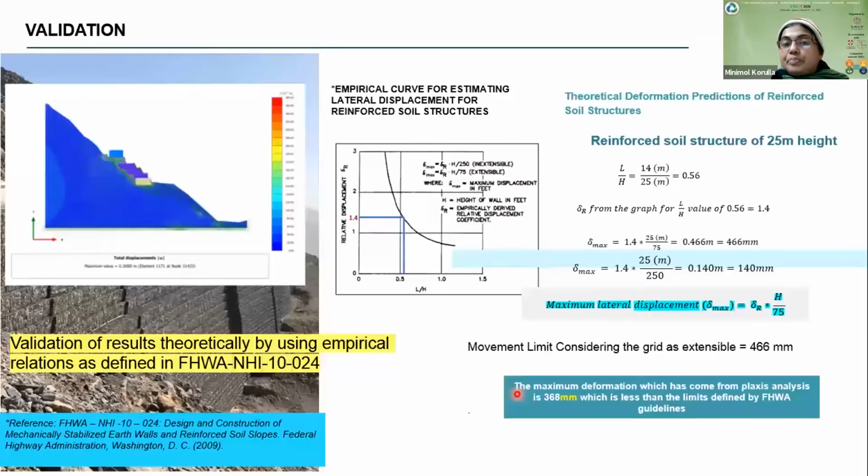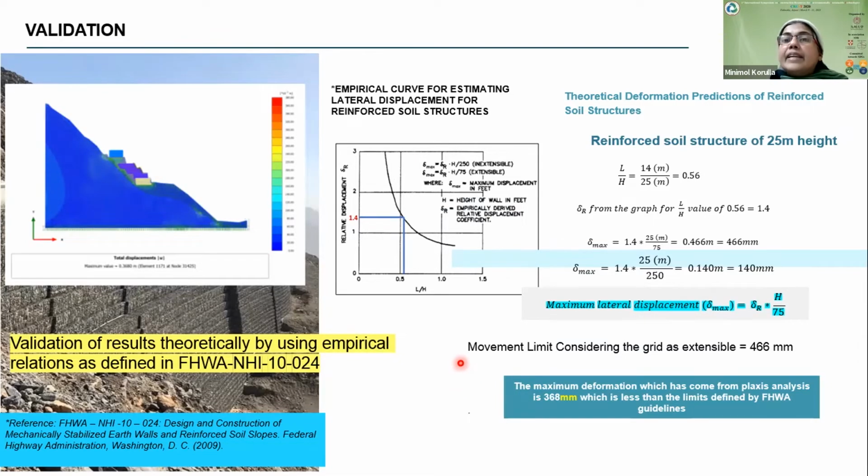After defining these 27 stages, the plastic analysis was performed in order to get the deformation of the reinforced soil structure. For validation of the values from the FEM analysis, the maximum value we got was 368 mm, which is a significant value, 36 centimeters the top can move.